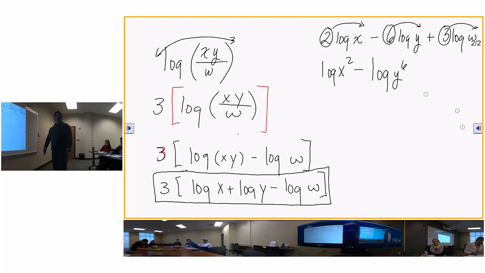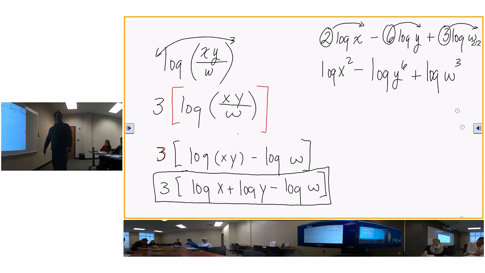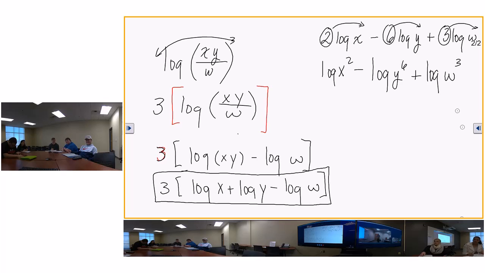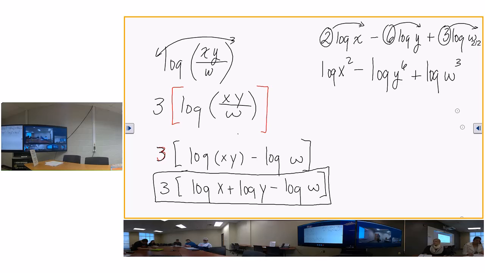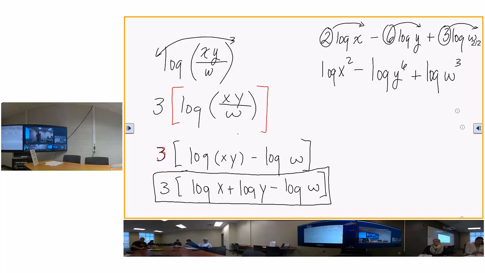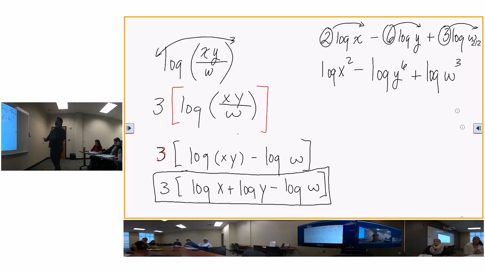Power plus log of w raised to the third power. Now what? Quit. Good job. I like that. Always quit. Well, we used the power rule, so what other 2 rules are left? Quotient rule and product rule.